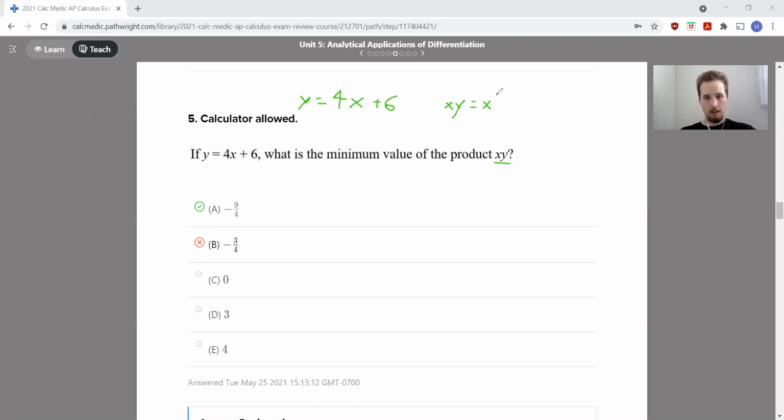So x times 4x plus 6. Okay, from this point, we want to find the minimum value. So if we want to find a minimum, we can take the derivative. Let me finish this, though. 4x squared plus 6x.